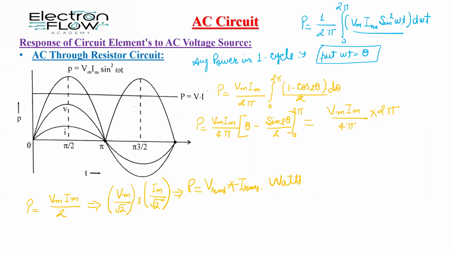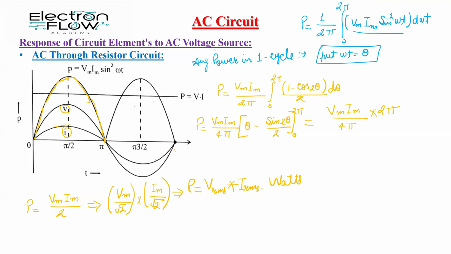So it is important to note that the instantaneous power is never negative. You can see here this waveform is of voltage and this waveform is of current. If I multiply both values, both are in the positive region, so I will get a positive value. That's why this waveform starts from here. At this point, power will be zero because the current and voltage are both equal to zero at the instant of pi.